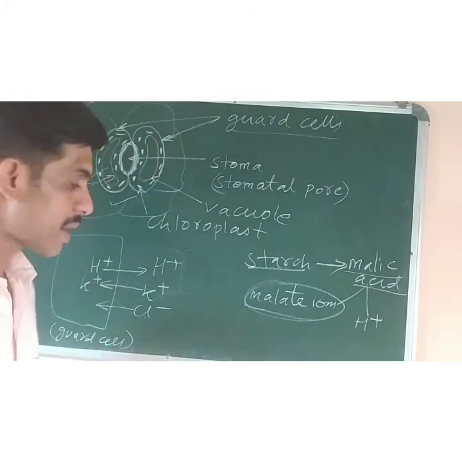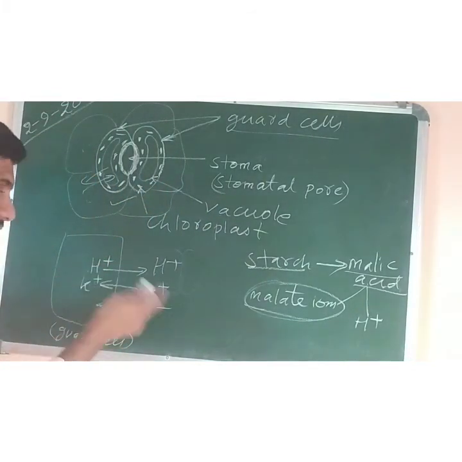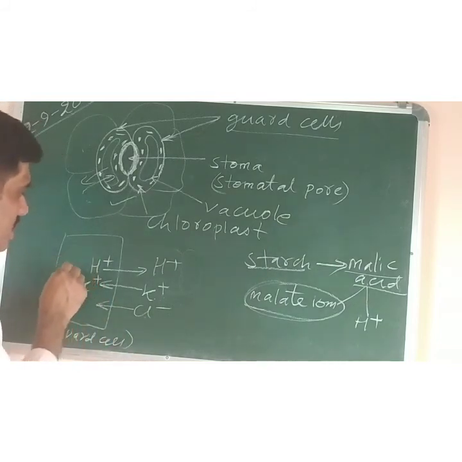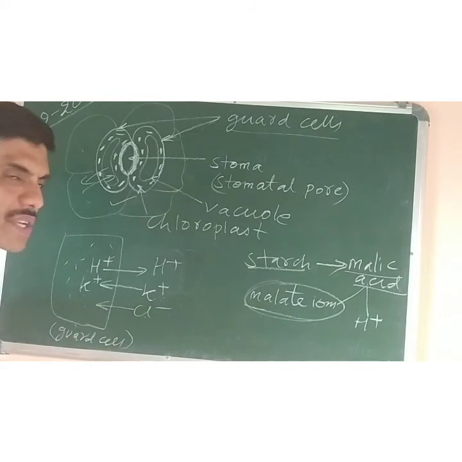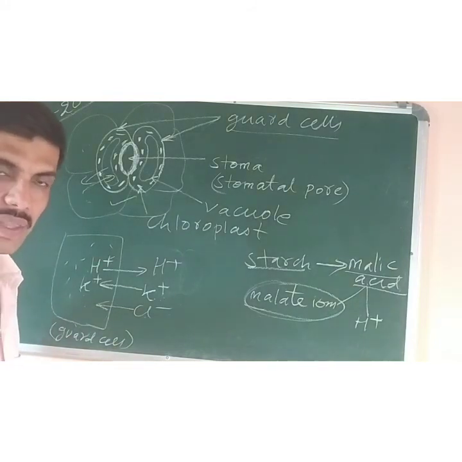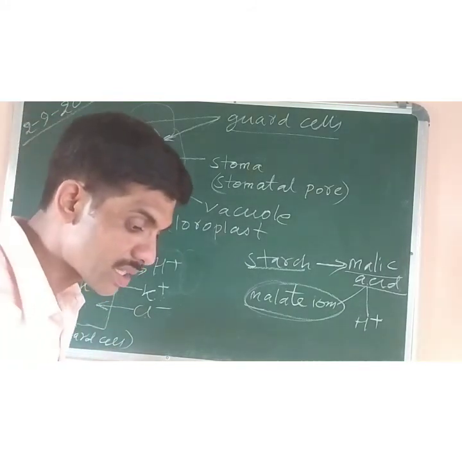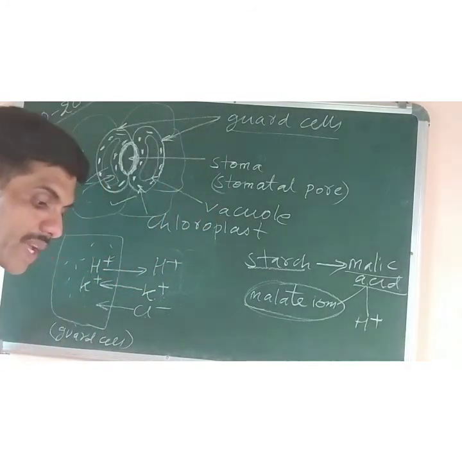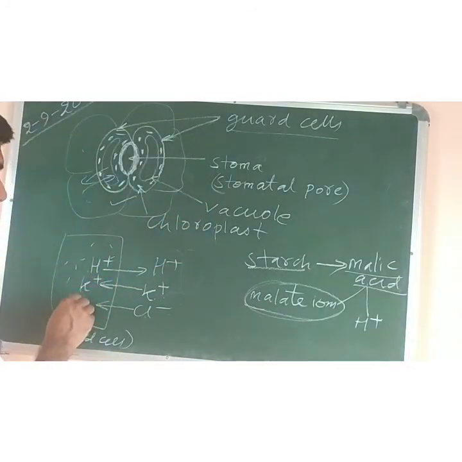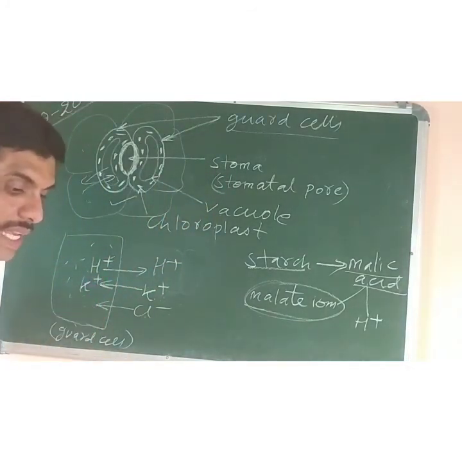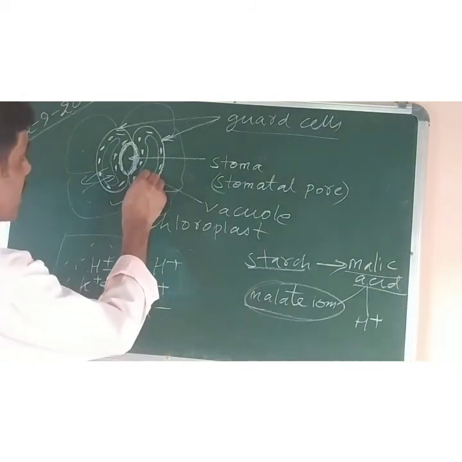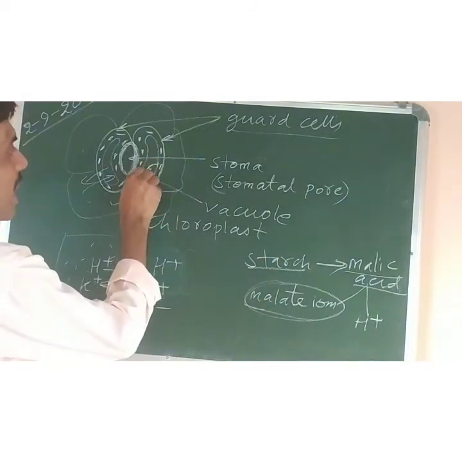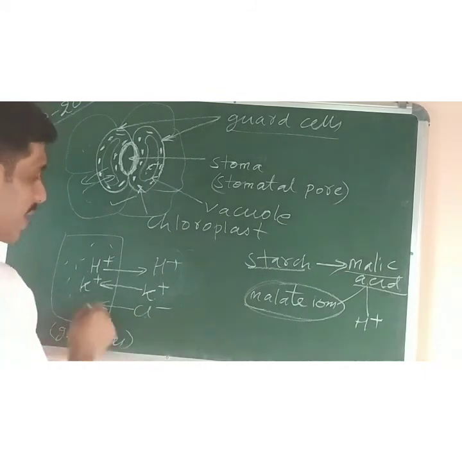Due to this ion exchange of potassium and hydrogen ions, there is an increased concentration of ions inside the guard cells, that is, of K plus ions and malate ions in the vacuoles of the guard cell. You see the vacuole? K plus ions and malate ions are in large amount inside the vacuoles.